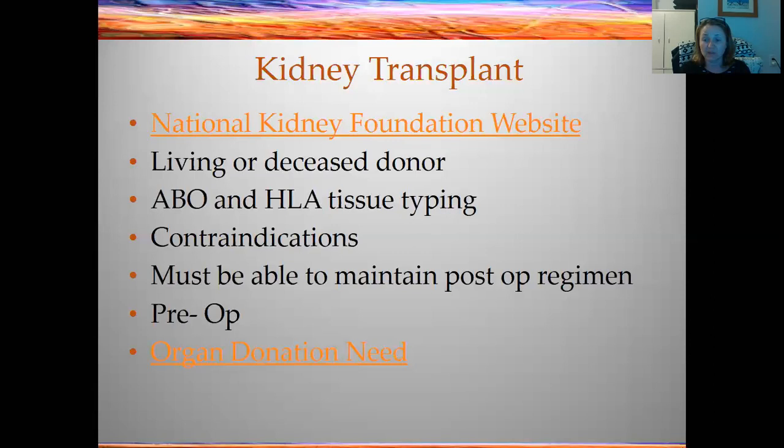Both patients have to be free of any infection at the time of the transplant. And then, as I said, after surgery, medications are going to be ordered to prevent rejection. These medications are going to be taken forever and will suppress the immune response. So the recipient of an organ is going to be at risk for infection.